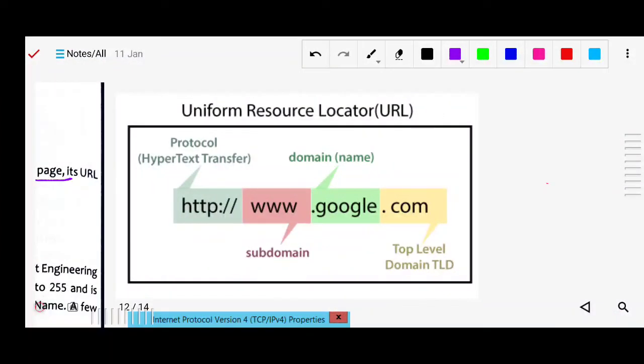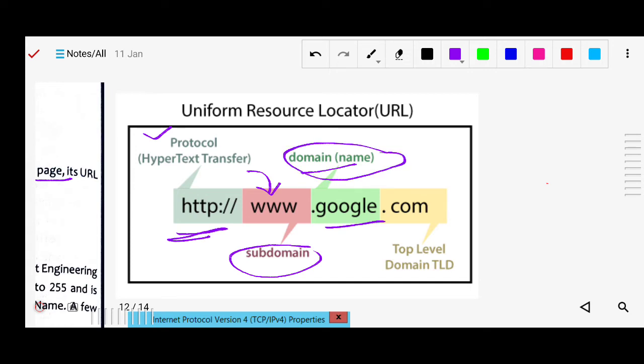URL is divided into some categories. There is HTTP, this part is called the protocol, hypertext transfer protocol. This part, www, is called the subdomain. After this dot, you can see there is something written, so this is the domain name. And the last part is the top level domain, TLD.